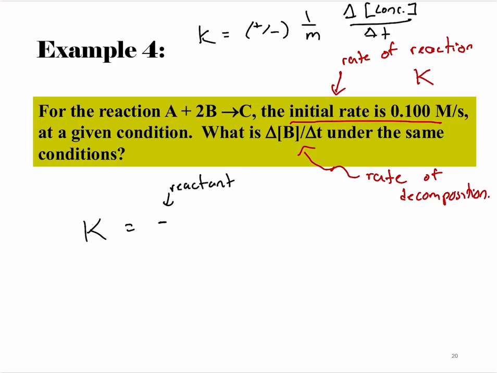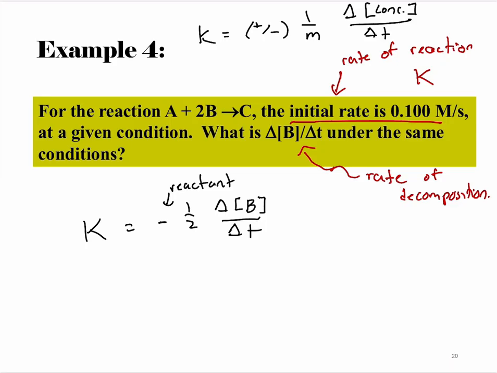So it's negative because it's a reactant. Then what's M here in this case? 2. So it'll be 1 over 2 times delta concentration of B over the change in time.